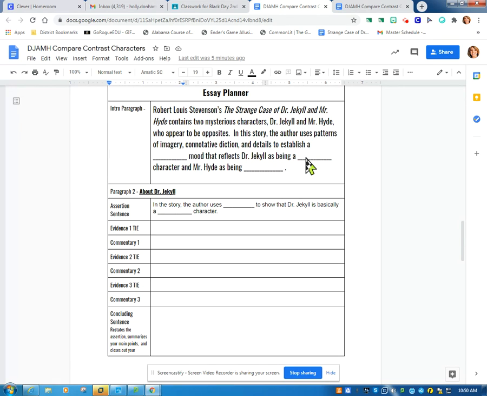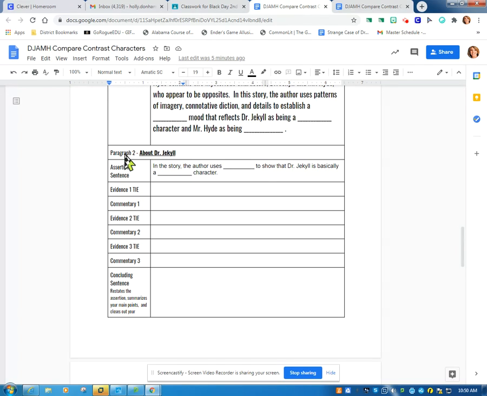And then Dr. Jekyll, don't just put good here. Go to your synonym finder and find a synonym for good that would work well in the sentence to describe him. And then go to a synonym finder for bad and find a word that would really be good to describe Mr. Hyde. Okay? We're not going to use good and bad.